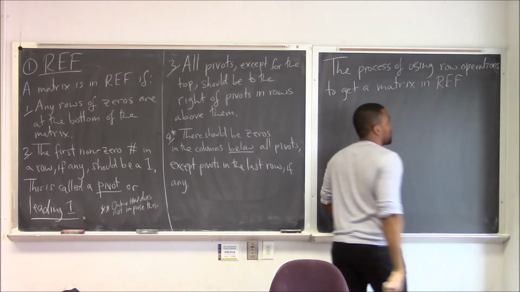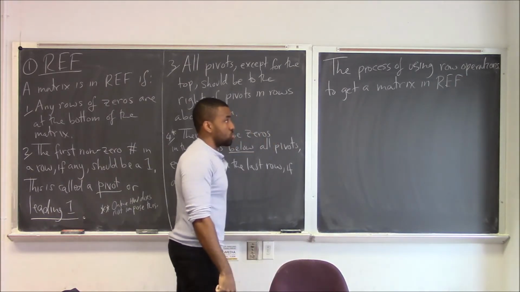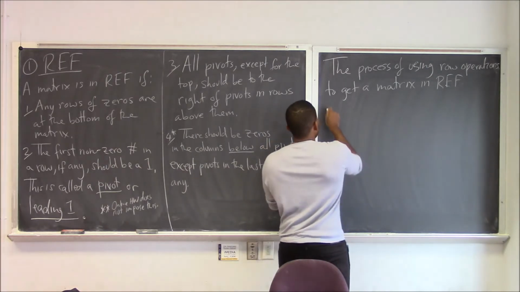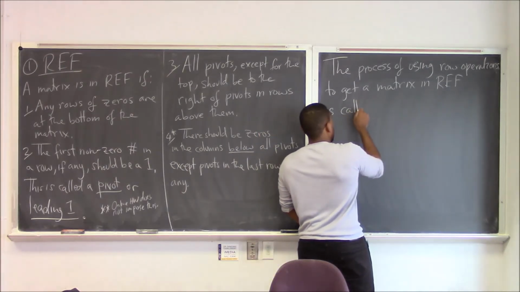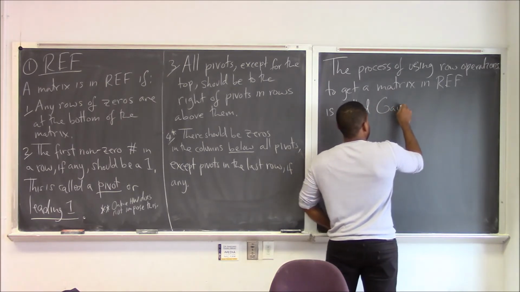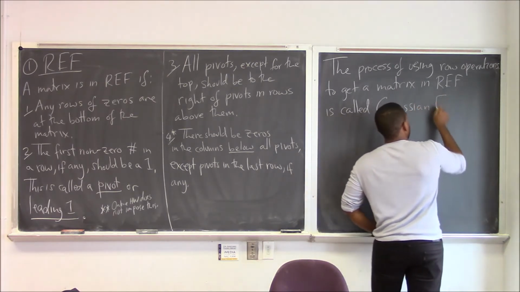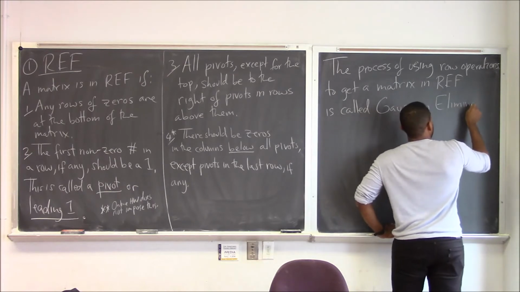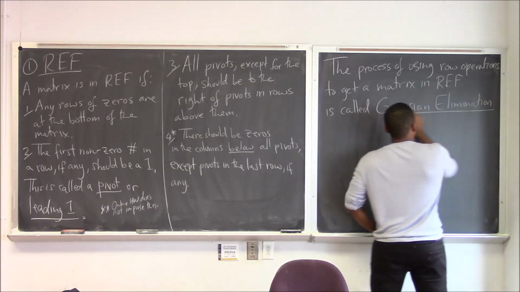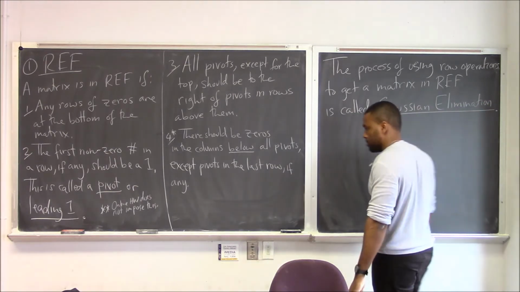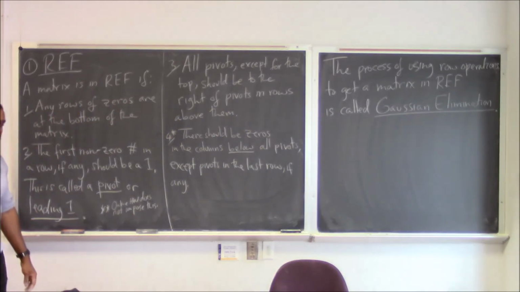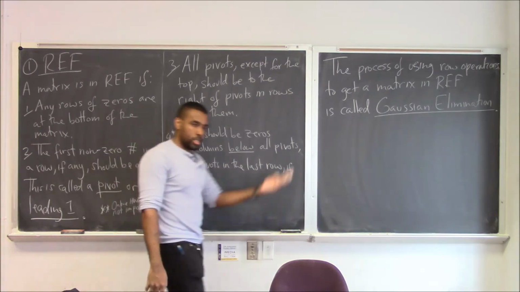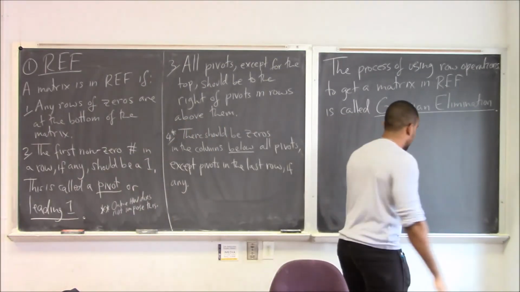So if you use row operations or row reduction to put a matrix in row echelon form, you say you performed Gaussian elimination. So using row operations to put a matrix in row echelon form is called Gaussian elimination. That's a part of the title of the chapter.